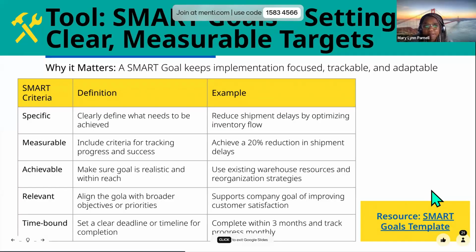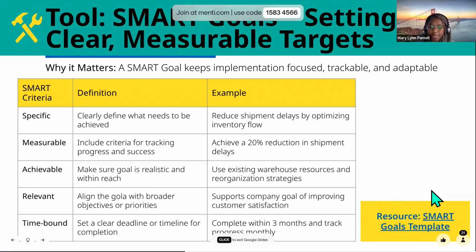And the criteria is that a goal is specific, that's the S, measurable, achievable, relevant, and time bound. So we clearly define what needs to be achieved. We include criteria for tracking progress and success. We make sure that the goal is realistic and within reach, and we align the goals with broader objectives or priorities. And we set clear deadlines or a timeline for completion.